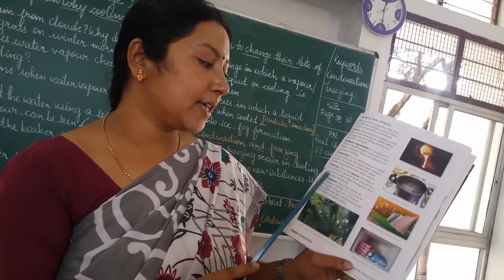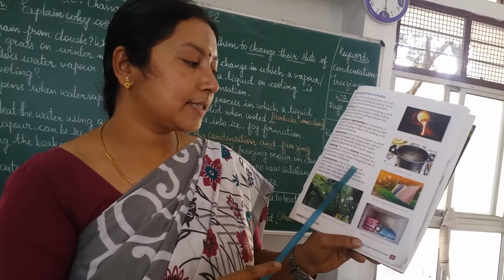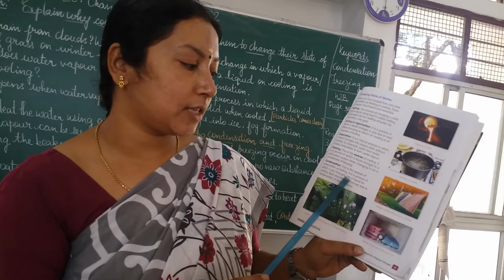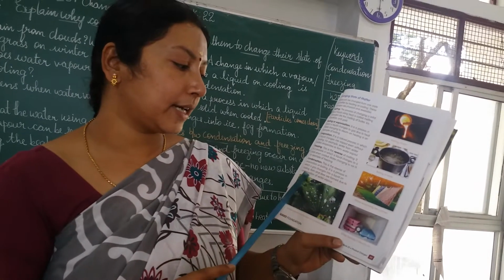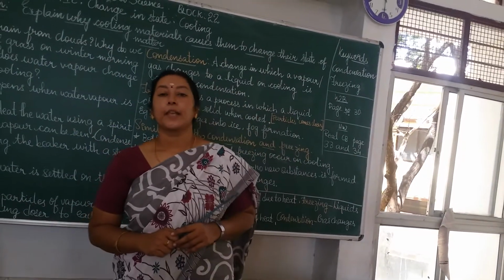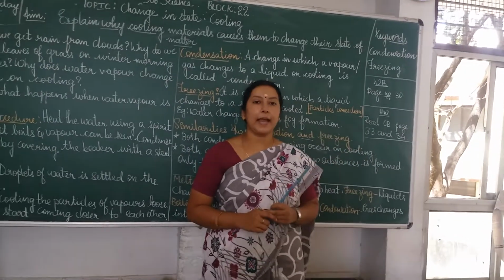Water changing to ice is an example of freezing. Condensation is the reverse of evaporation or boiling. It is a process in which a gas changes into a liquid on cooling. Rain and dew are formed due to the condensation of water vapor. Did you all understand? Okay. So for better understanding, read page numbers 33 and 34.